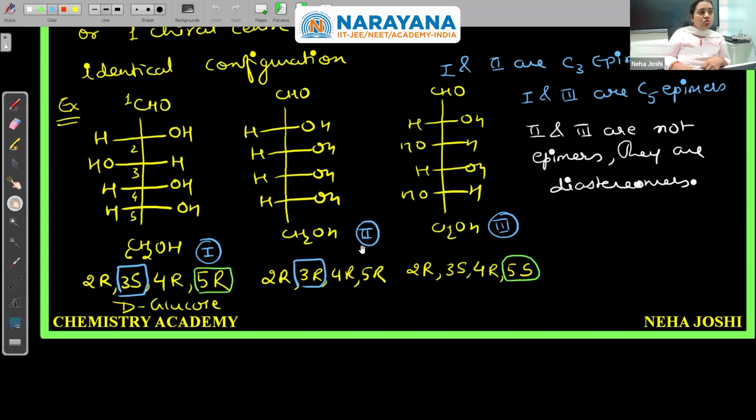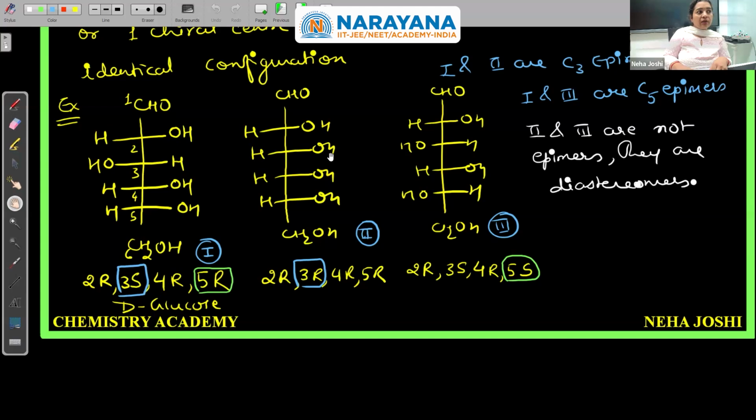So 1 and 2, I think this is D-mannose, right? Here you see the only point of difference is this second one. The rest are copy-paste. So 1 and 2 are epimers, and you have to mention at which carbon it is epimeric. So I wrote here, 1 and 2 are epimers at C3.